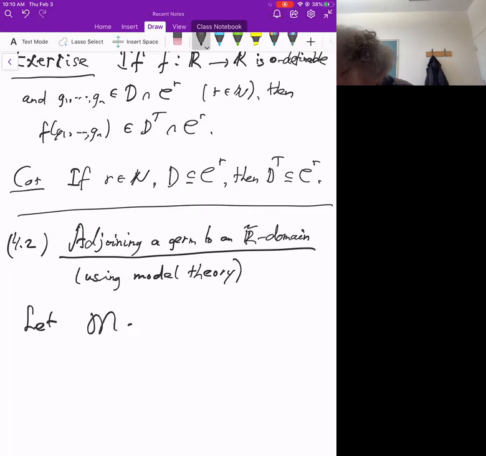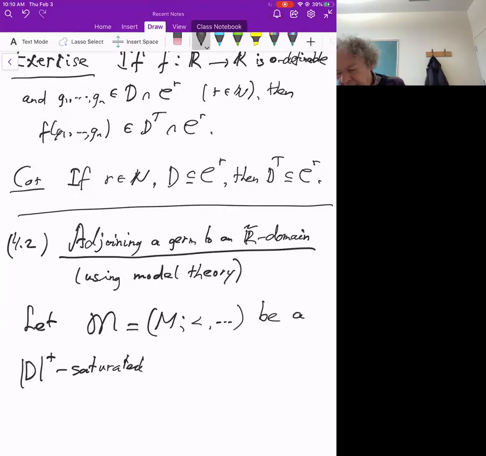Let M be, I'm going to assume that it's sufficiently saturated, a D^+ saturated elementary extension, where D^+ is simply the least cardinal bigger than the cardinality of D.